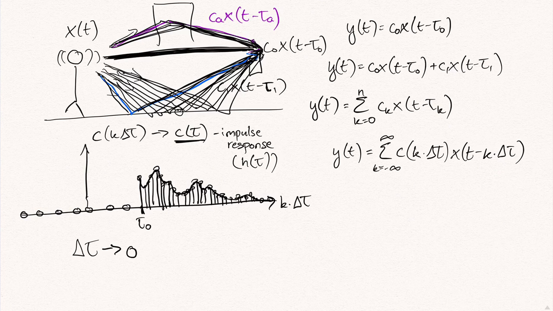Now let's think about what happens when delta tau goes to 0, while this function goes towards a continuous function. What happens with our output signal? Well, what we had was a sum of these different components, but now this is a continuous function. So what happens is that this sum here becomes an integral from minus infinity to infinity.